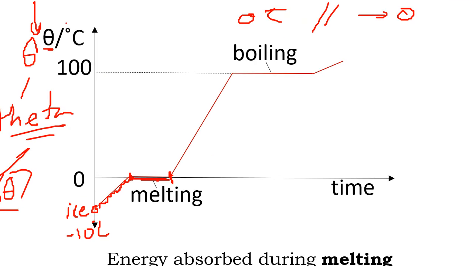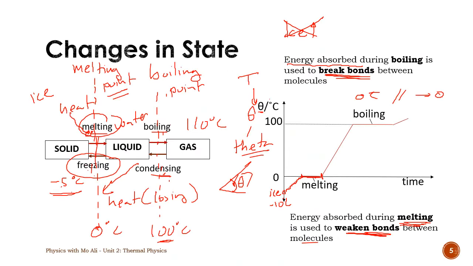During melting and during boiling, temperature stays constant. So if you try to use E equals mc delta T to calculate the amount of heat energy you need to melt or boil something, it won't work, because the delta T will be 0. There is no change in temperature during melting and boiling. That's a big problem. So what's the solution?